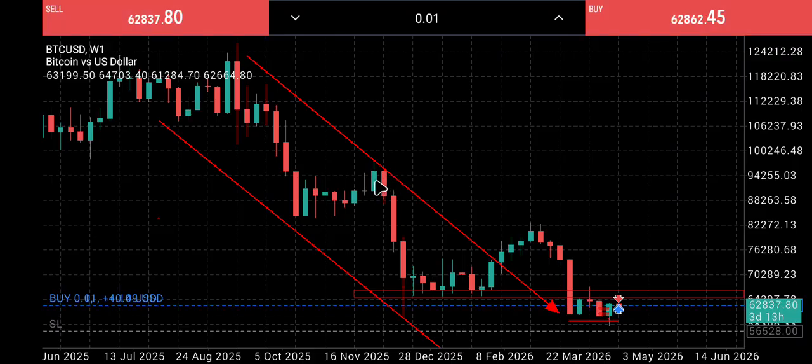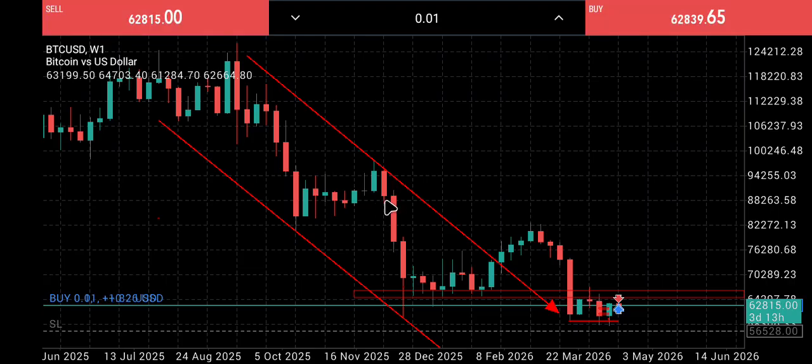This one is bigger than the previous one, and the previous one has an opposite color. So this red one we normally call a close below candle.